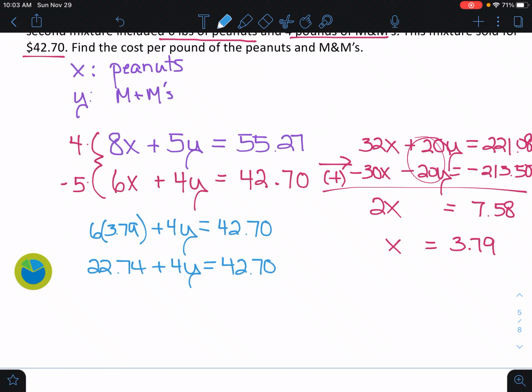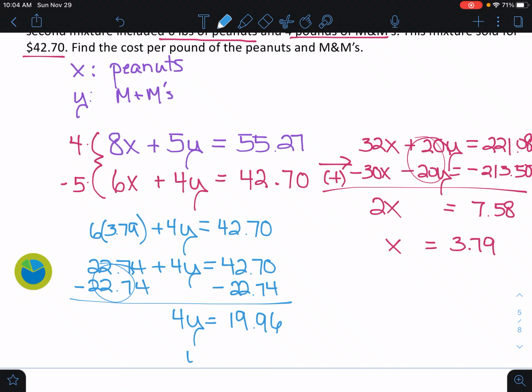Okay, so now subtract 22.74 from both sides. And we get 19.96. And then lastly, divide by 4. So if I divide by 4, I get 4.99.